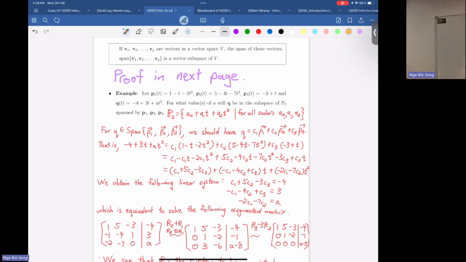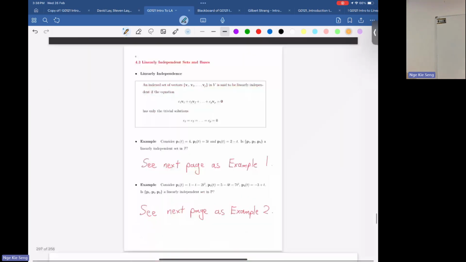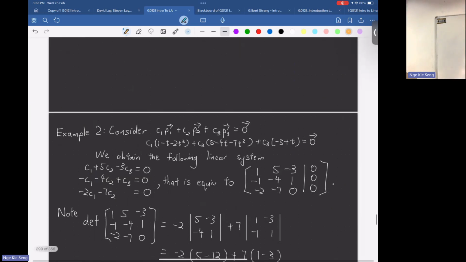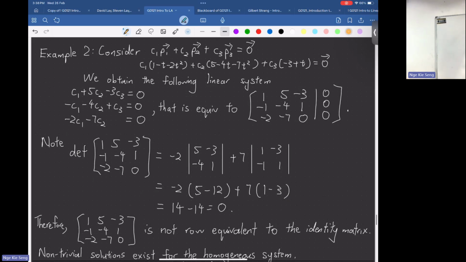Similarly, if we do some linear independence calculation, you also reduce it to an augmented matrix. That's why we like vector spaces. If you have a vector space, all these calculations reduce to the chapter 1 calculation: augmented matrix, all the pivot story. As long as you have a vector space setting, you can reduce your problem to an augmented matrix.